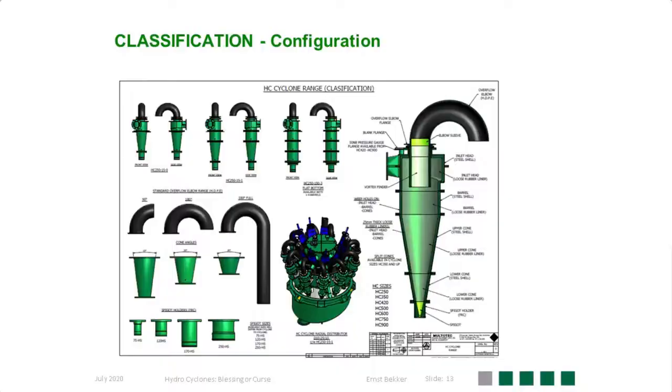It is possible, when there is a problem on the hydrocyclone, that modifications can be made to the existing design. Cone angles can be changed, vortex finders can be changed. So the cut point of the hydrocyclone can be changed to a certain extent. But if the basis of selection, the starting point, was wrong, then most probably you will have to look at a different cyclone diameter.